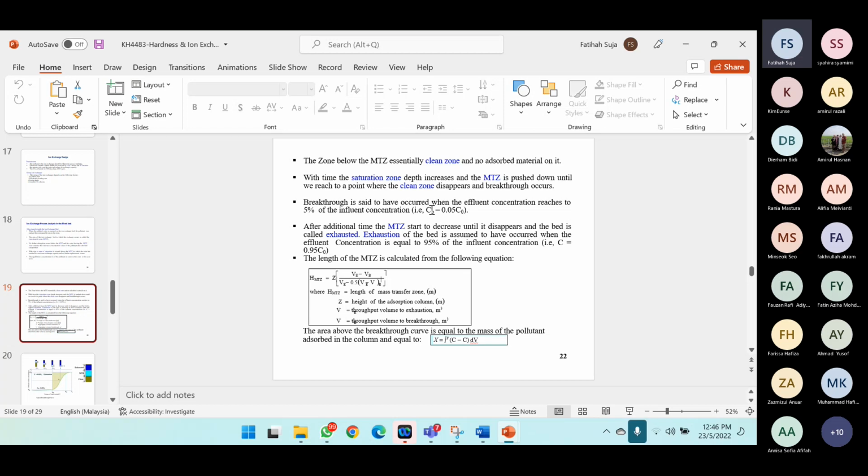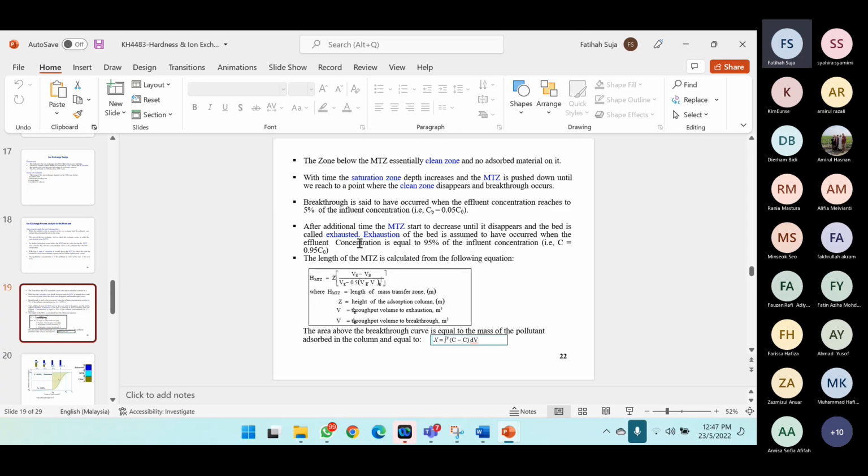After additional time, the mass transfer zone starts to decrease until it disappears and the bed is called exhausted. Exhaustion of the bed is assumed to have occurred when the effluent concentration is equal to 95% of the influent concentration. So actually we must stop at breakthrough. We cannot wait until the system is exhausted.